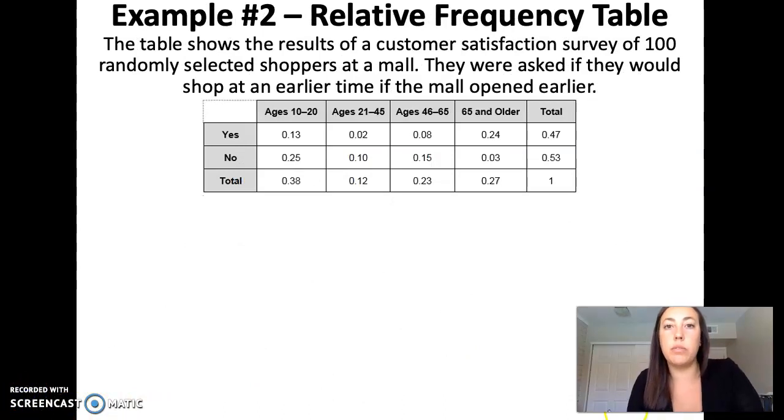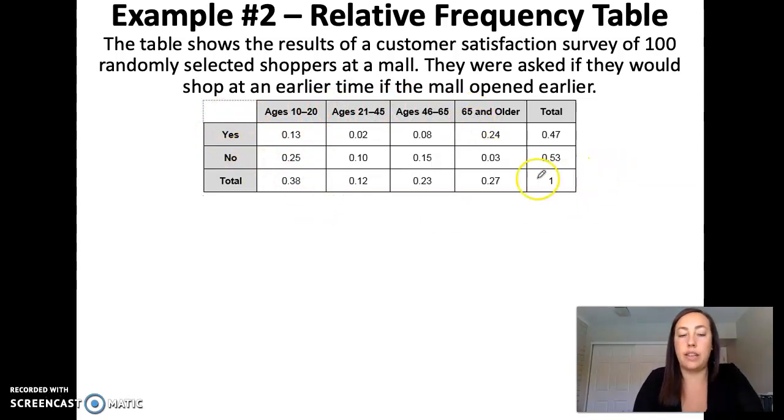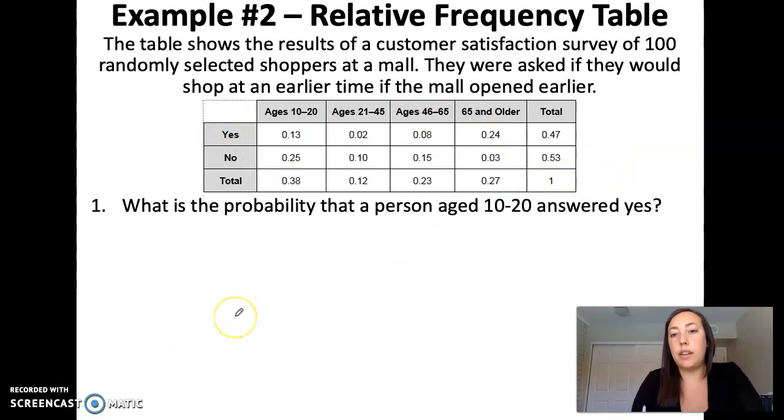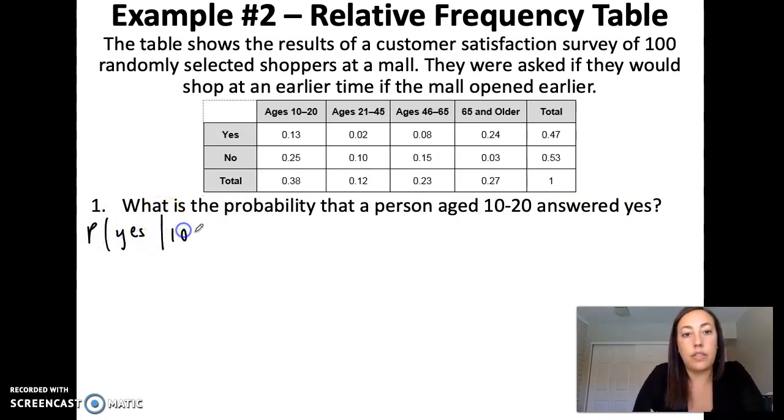Let's do another example. This table shows the results of a customer satisfaction survey of 100 randomly selected shoppers at a mall. They were asked if they would shop at an earlier time if the mall opened earlier. They answered yes or no, and then they were classified by age, with percents in the table rather than counts. What's the probability that a person aged 10 to 20 answered yes? Here the given information is that they're 10 to 20, so this is the probability that they answered yes given that they're aged between 10 and 20.